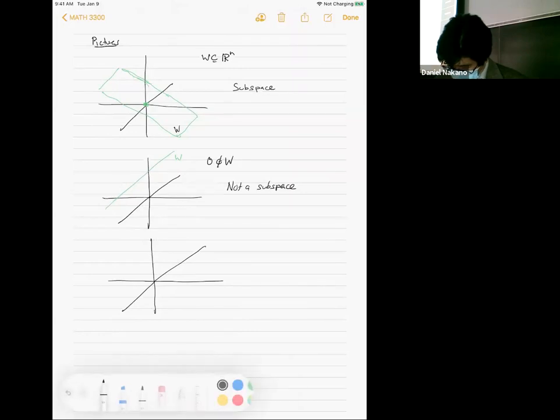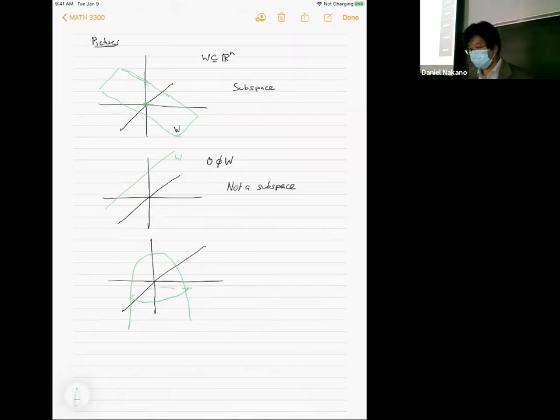Okay, so let's pretend I'm looking at this sort of parabolic bowl, which is actually going down. Well, there are a couple of problems with this. First of all, it doesn't contain 0.